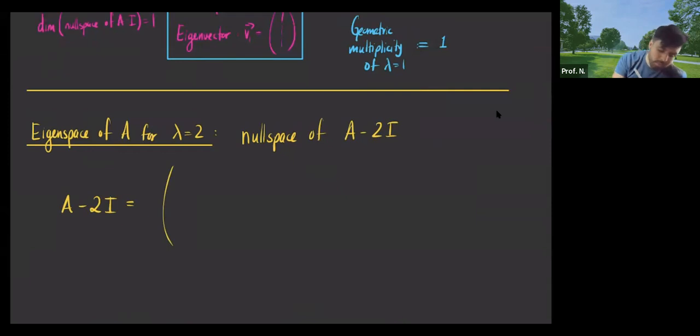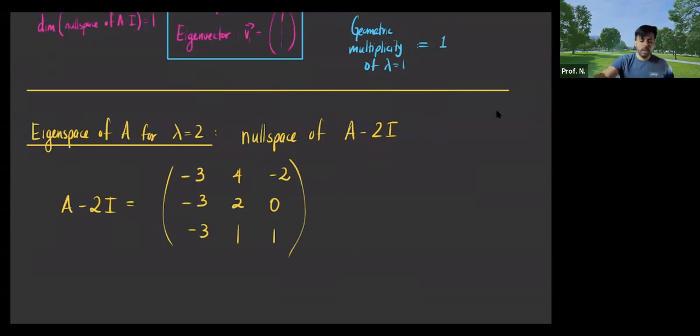So A minus 2I, what is that going to look like? A minus 2. So this becomes negative 3. This becomes 2. This becomes 1. And everything else stays intact. Okay, and then I put this in my calculator.